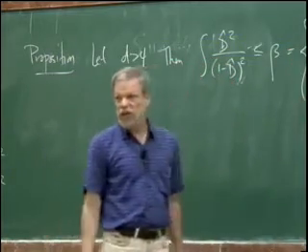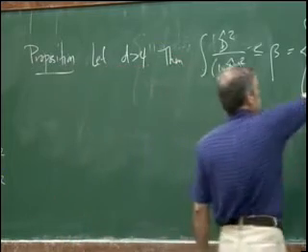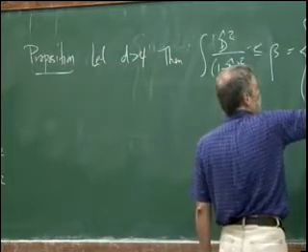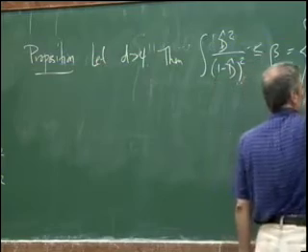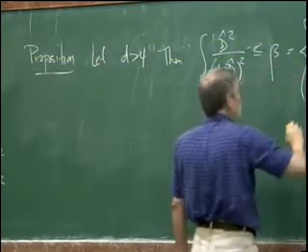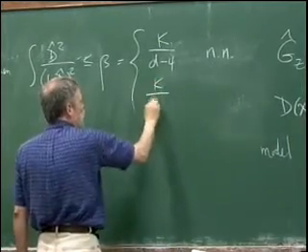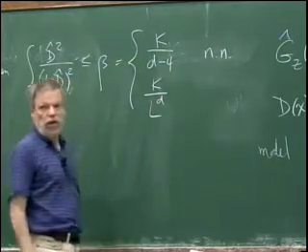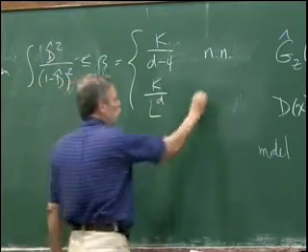This is the only place where you have to think about which model you're working with. For the nearest neighbor model, it's less than some constant over d minus 4. And for the spread out model, it's less than some constant over L to the d, or the cardinality of omega, for the spread out model.